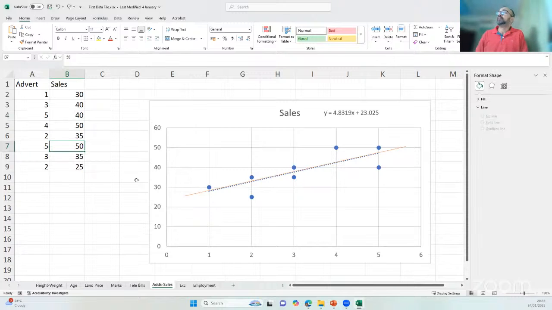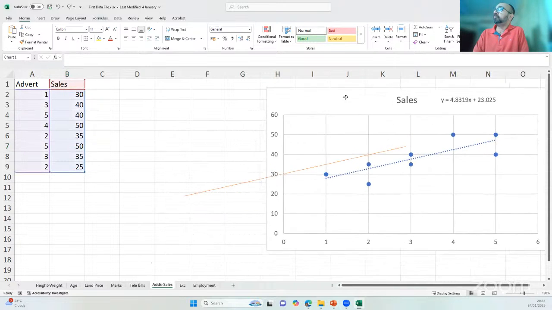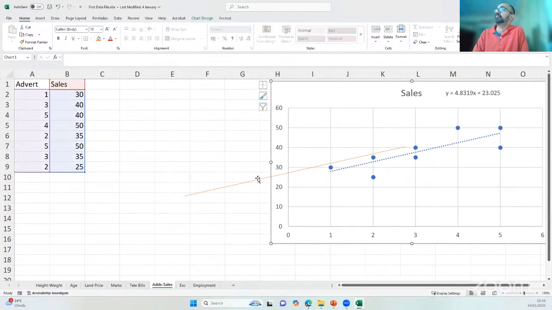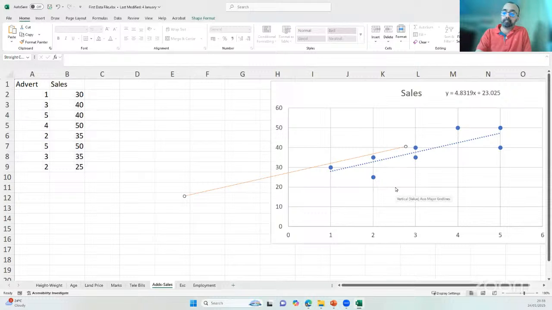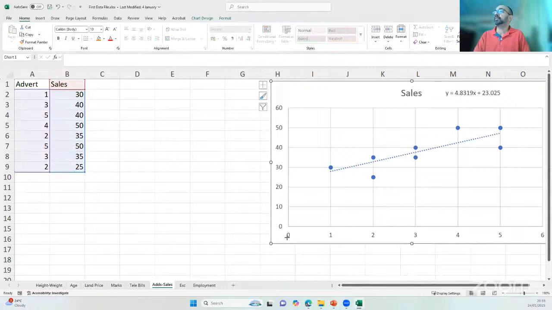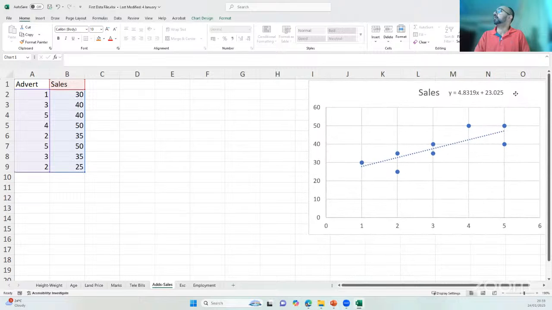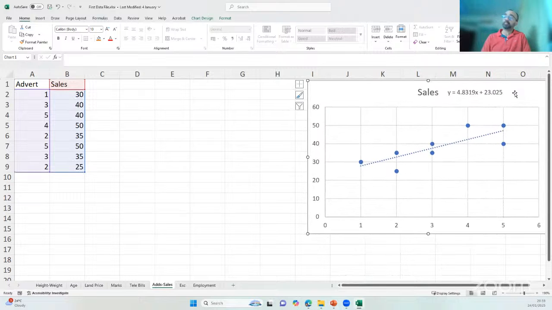Then I'll use another method here. That is finding this equation using the statistical calculation.